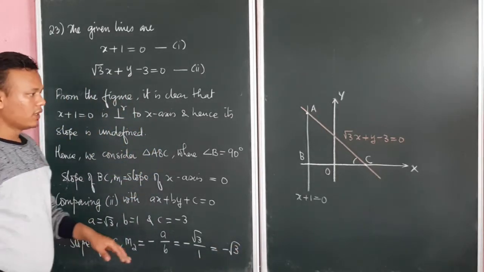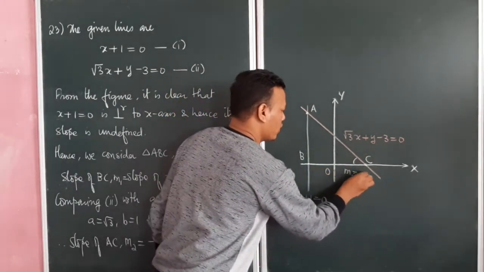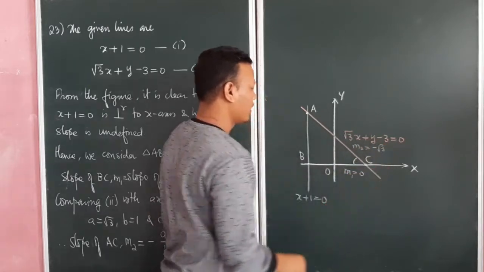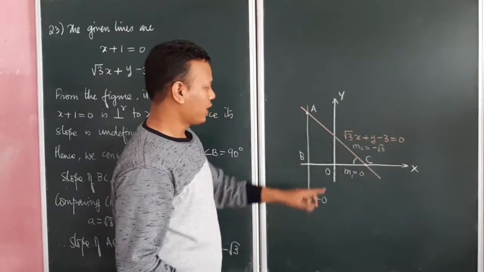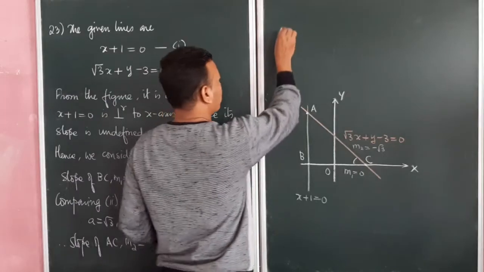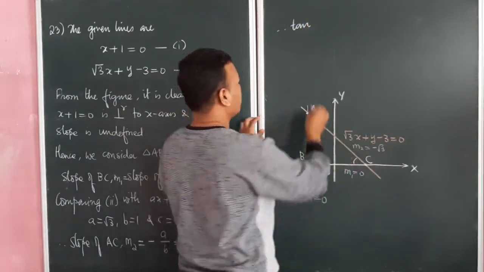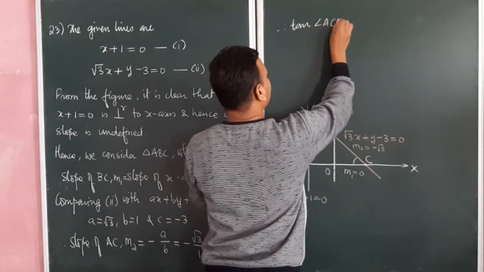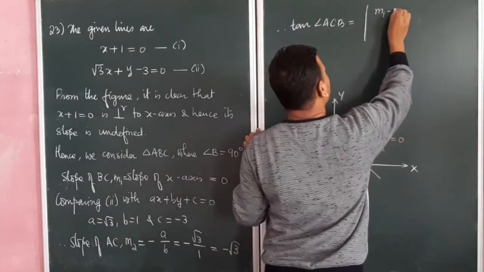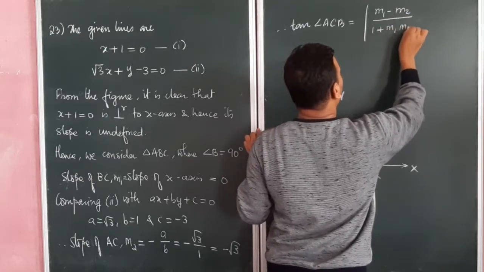Now we know the slope of this BC, that is M1 equals to 0, and we know the slope of this, that is M2 equals to minus root 3. Now let us make use of these two, M1 and M2, and find what is this angle. So tan of this angle, this angle is ACB, so tan of angle ACB will be equal to, again using the formula, M1 minus M2 by 1 plus M1 M2.